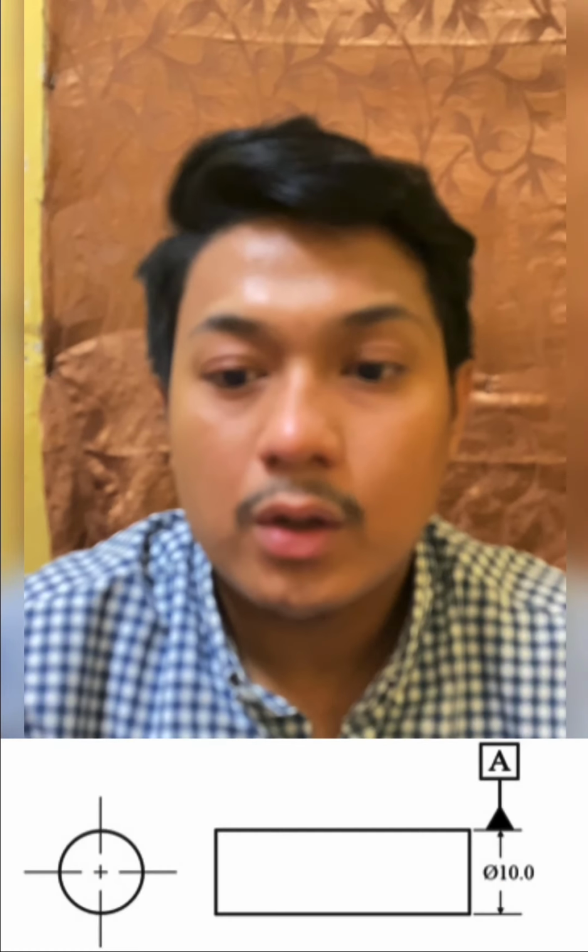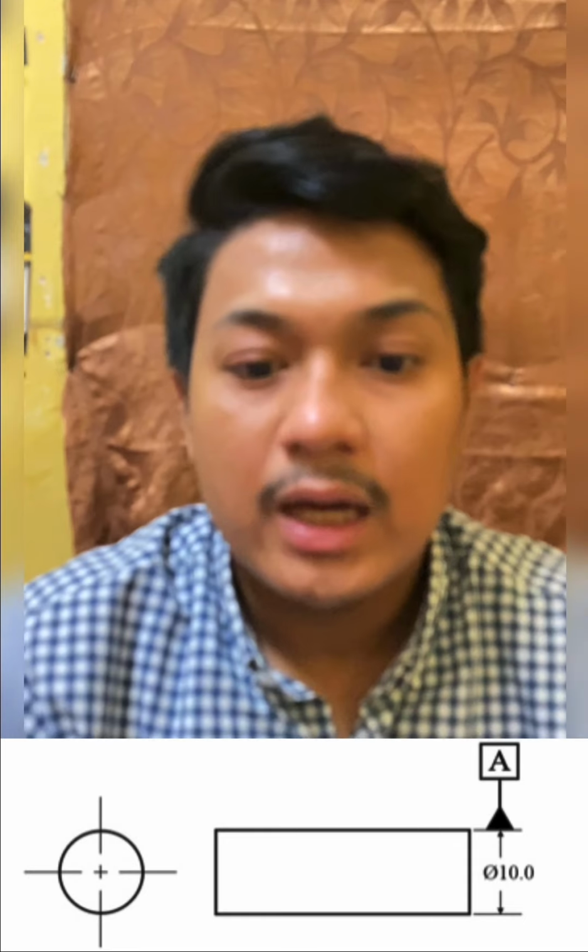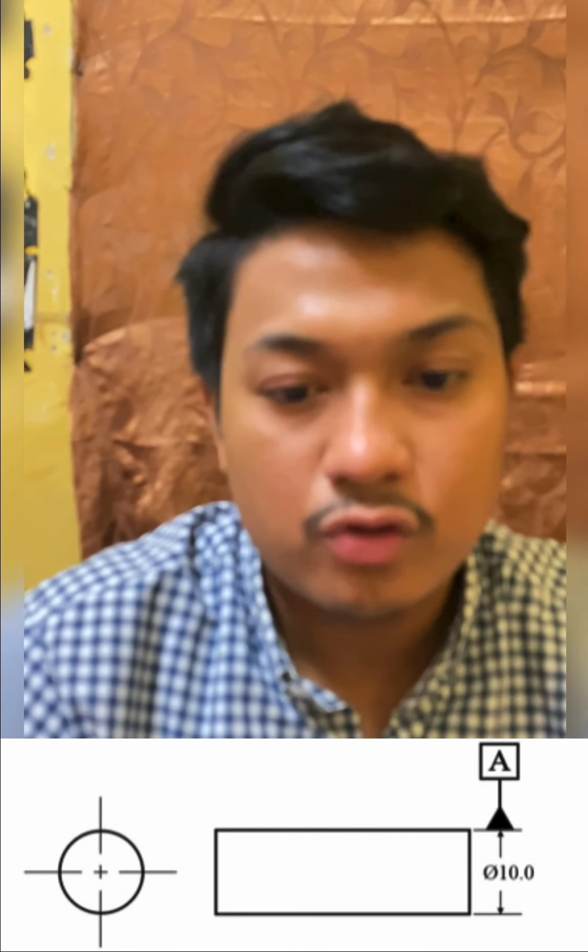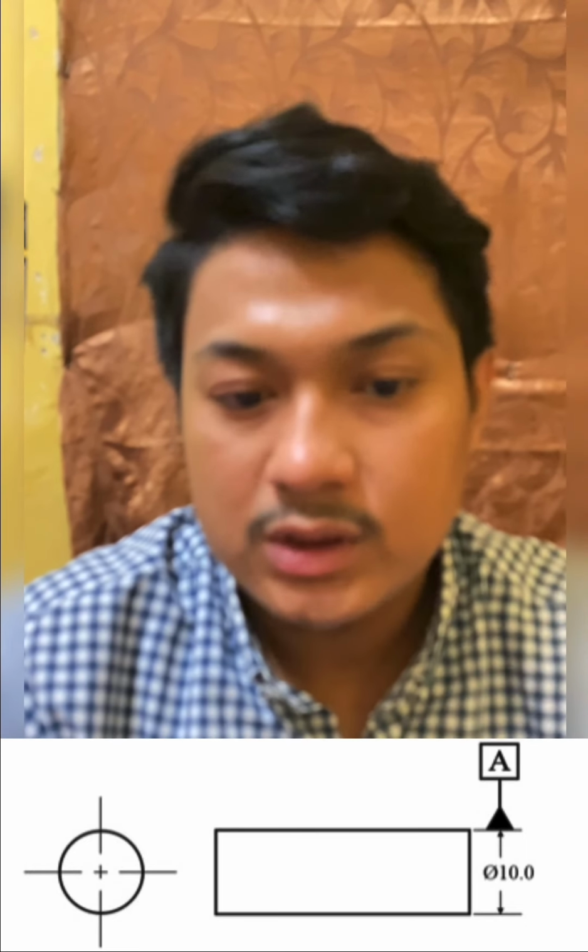of the cylinder. Okay, this is an example on axis. For axis control, the symbol must be placed on the dimension of diametric tolerance, as shown above. This means the datum is actually the central axis through the feature and not the feature surface itself.